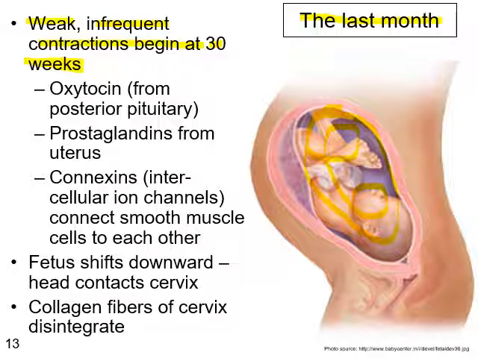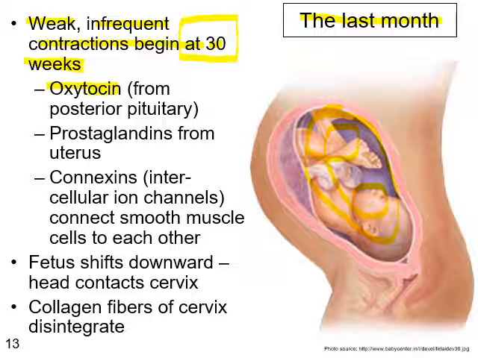And typically these are so weak that they aren't even felt by the pregnant mother. But it starts at around 30 weeks and then continues to develop and increase in intensity. These contractions are a result of a hormonal as well as a structural process in the smooth muscle of the uterus.